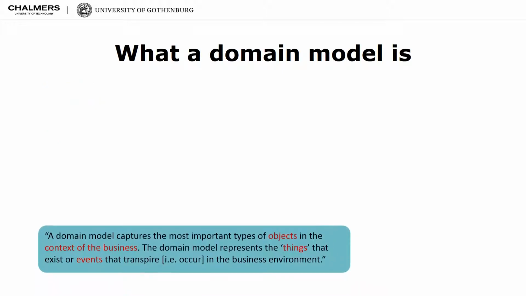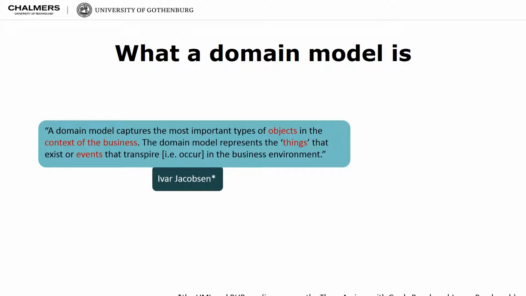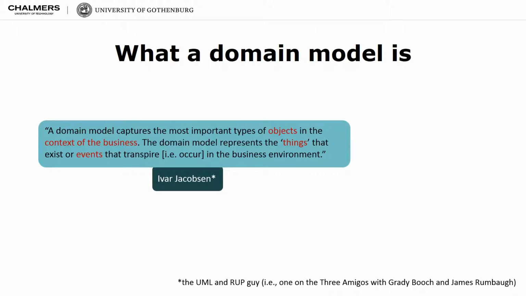Let's begin with a definition of what a domain model is, and this definition comes from Ivar Jacobson. He's the guy behind the UML notation and the Rational Unified Process. And according to his definition, a domain model represents the important concepts in the context of a business. And by concepts, we mean either things or events that happen in a business environment.